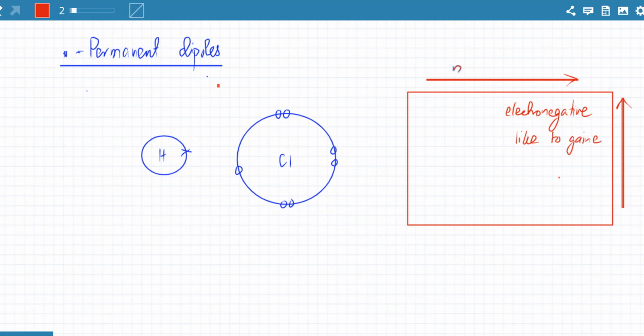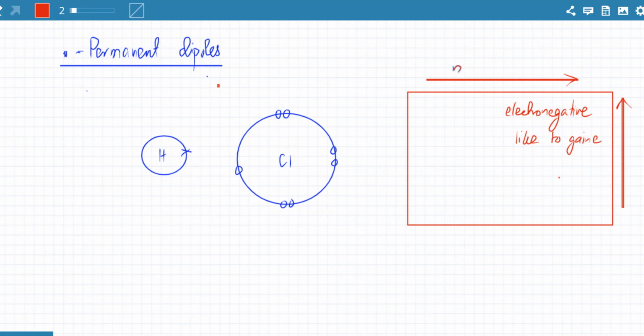So fluorine's nucleus has a charge of +9, so it's more positively charged. Lithium, on the other hand, just has 3 protons, so it has a charge of +3. So obviously, fluorine would try to gain more electrons. Is this clear?